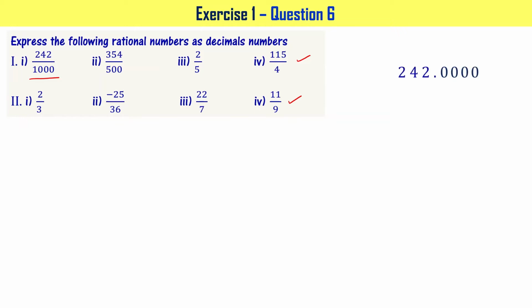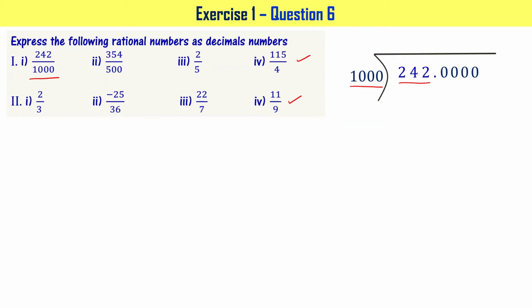For that, let's write 242.000 and so on. You can have as many zeros as you want and draw a line as shown here and write 1000, which is denominator, on the other side of the line as shown here. Now look at this, the number here you have 242, right? That is 3 digits, whereas 1000 is 4 digits. So 242 is smaller than 1000.